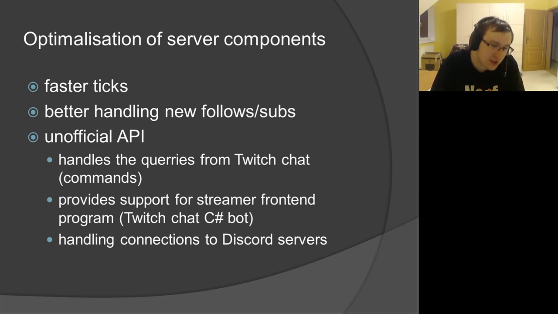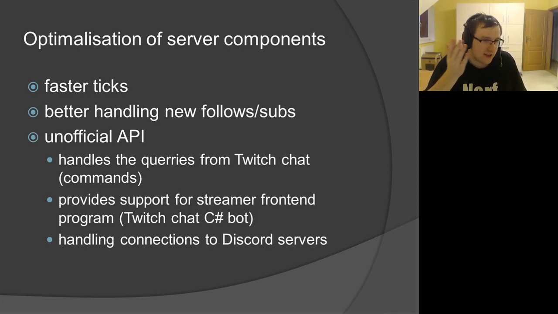So I needed the unofficial API, so I made it, and the bot itself communicates with it, and also it communicates with itself. It actually used its own API at one point, which is a very bad design, and I completely removed that, so it's purely non-recursive and stuff like that.